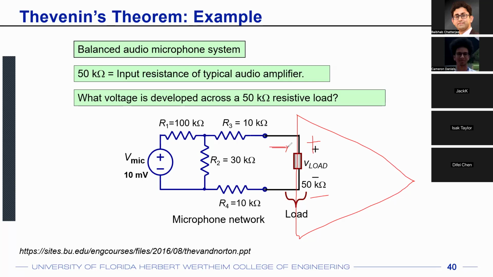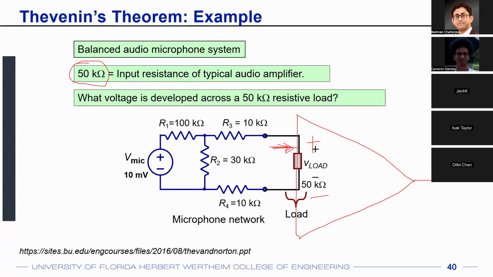Looking into the op-amp, if it were an ideal op-amp, you would have seen infinite resistance, infinite impedance, right? But real systems will not have infinite input resistance. This is an example of a real input resistance of a typical audio amplifier, only about 50 kilo ohms.